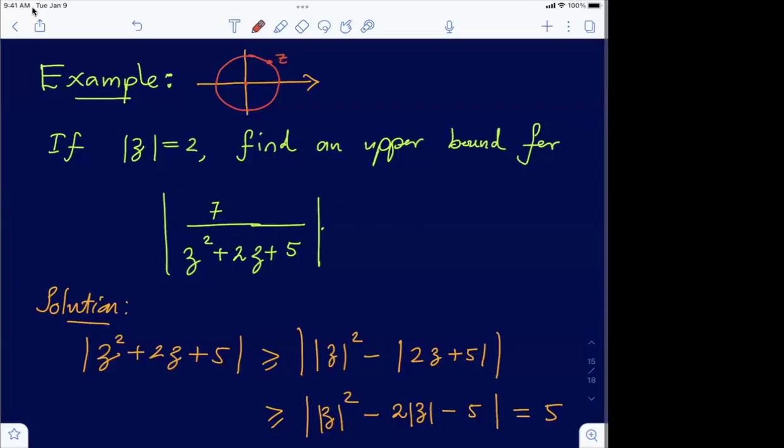Now, you need to consider an upper bound for this particular quantity. Now, it would not make sense if I ask you the same question in this way, like if I remove the absolute value or the modulus sign, and if I just leave it without having that, I mean, here we have a complex number.